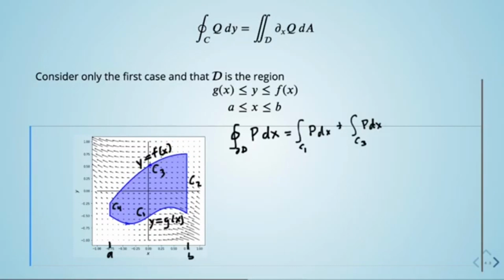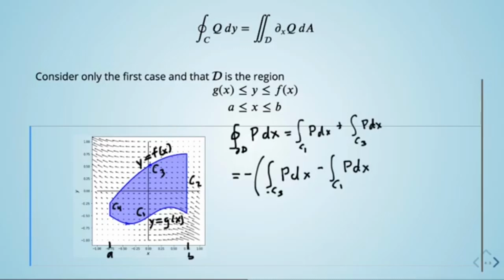And so the way I write that is as follows. So this is going to be the negative, right? So I'll pull that negative sign out here for the whole expression. The integral along minus C3 P dx minus the integral along C1 P dx.